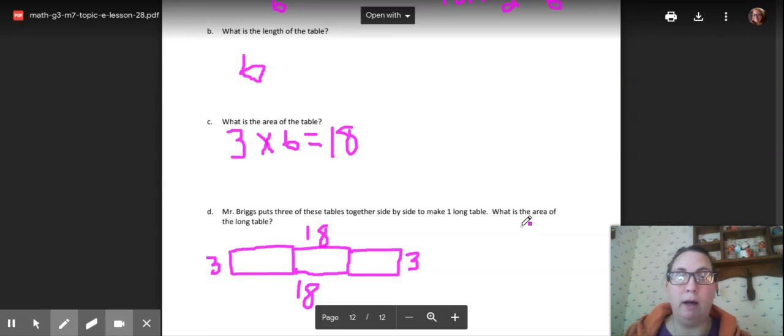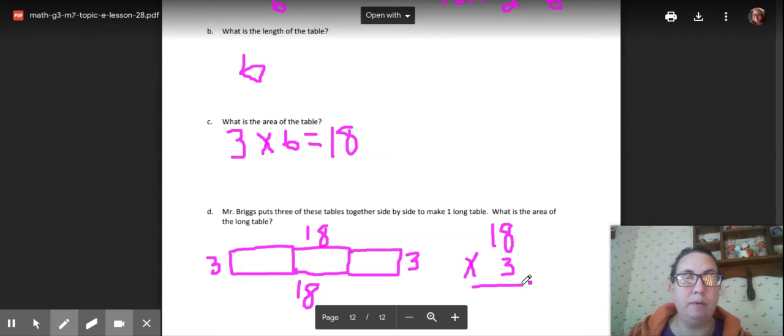So you would multiply 18 times 3. And I am going to multiply it this way because it's easier for me to multiply a 2-digit number by a 1-digit number when they're lined up like this. So 3 times 8 is 24. I put the 4 here, and I put the 2 up here.